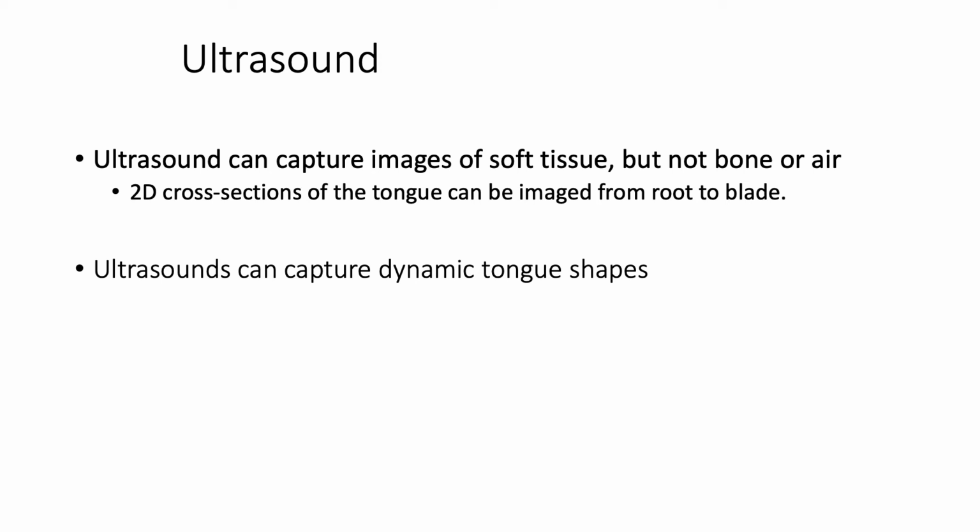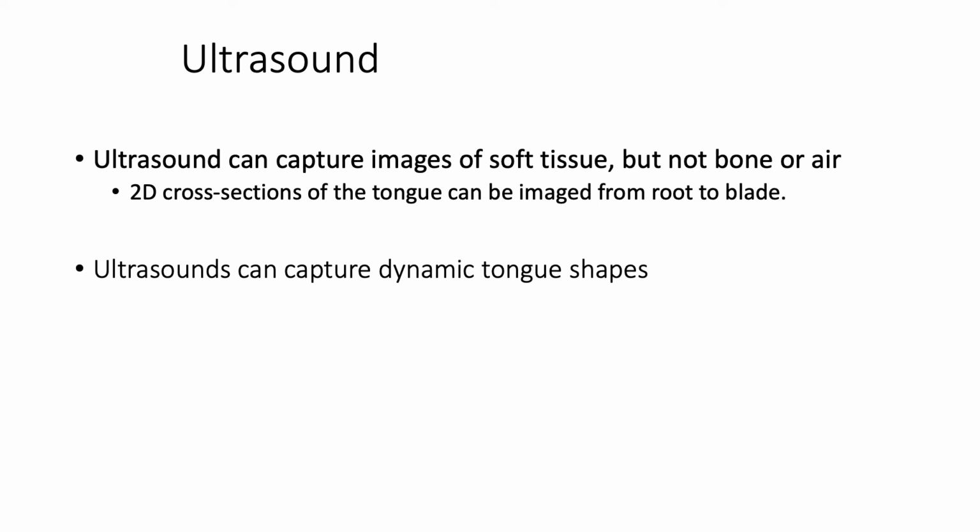In this way, we can see what is happening through soft tissue. That's why it's also used in pregnancy, so that we can look through the body, inside of the belly, inside of the womb.